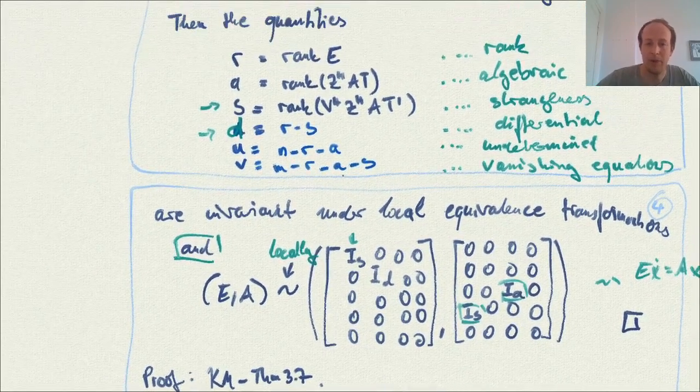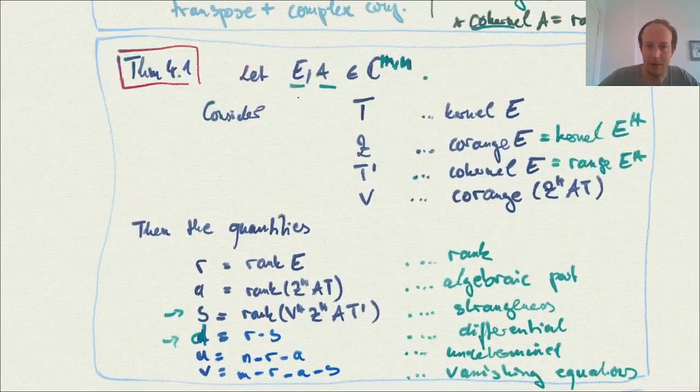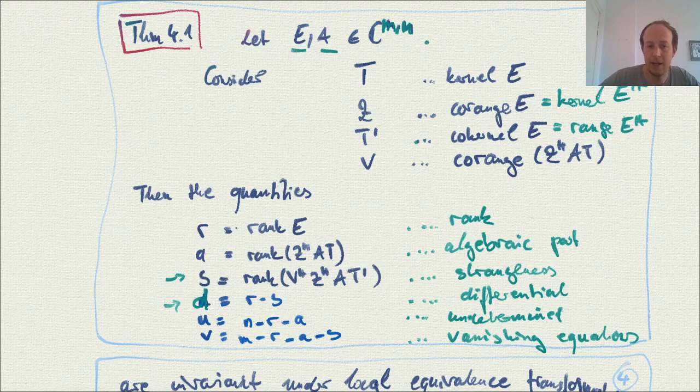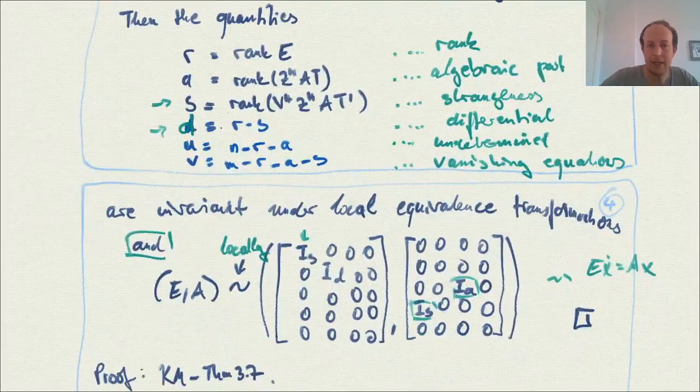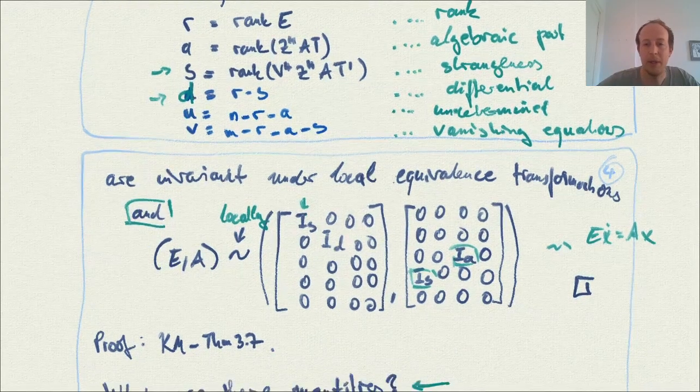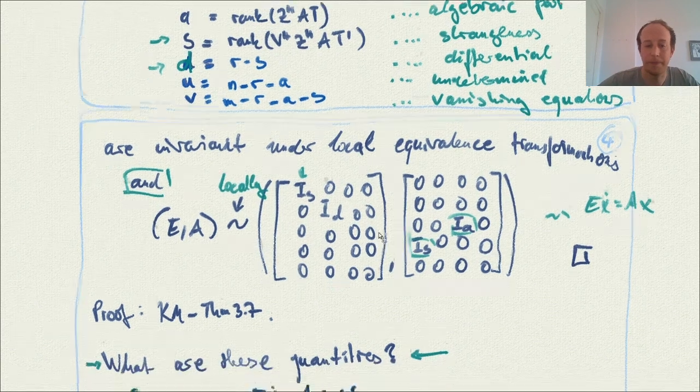Okay, so the theorem says, let me say this once more. For E and A, we can construct these matrices. From that, we can derive these quantities R, A, S, D, U, V. And the theorem says that these quantities are invariant under local equivalence transformations. And in particular, through local equivalence transformations, we can turn E, A into this form.